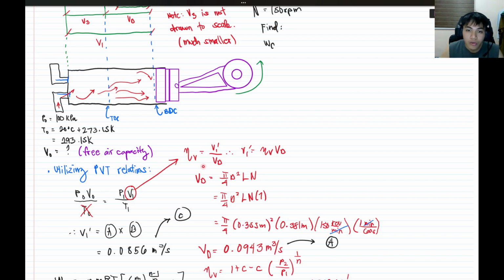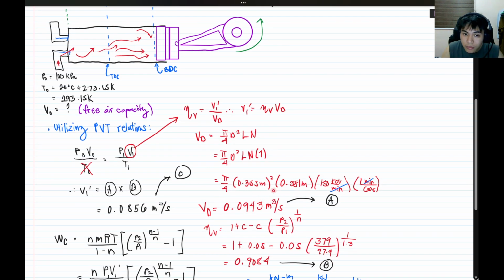And now, we know our volume displaced is equal to the product of pi over 4, our diameter squared, in the module it's just D, but since it's volume, you need to square the diameter, and then our length, and then the N, which is the revolutions. And there's also a small n, for the number of acting compressors. But since it's just one, it's just one. There's no change to the formula.